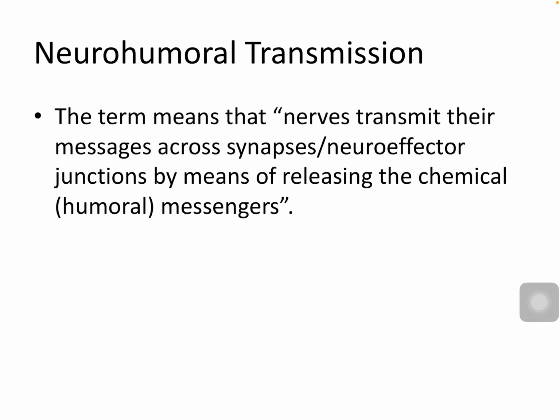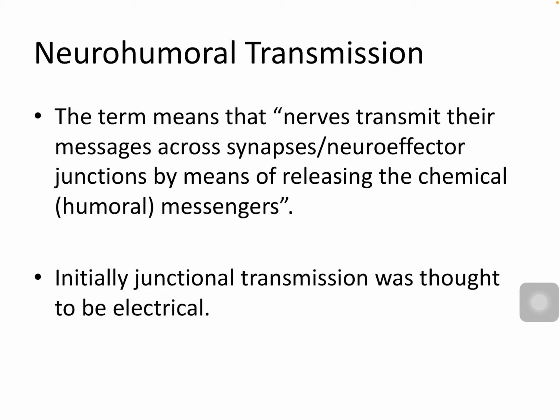These chemical messengers are known as humoral messengers. Basically, the message that is initiated in the central nervous system is transmitted across the synapse by means of releasing chemicals. That is neurohumoral transmission, because both nerves and hormones are involved.